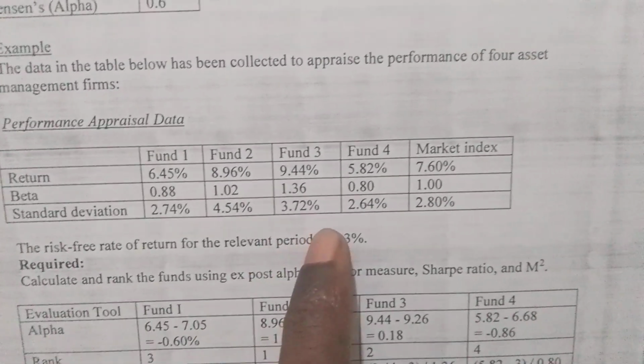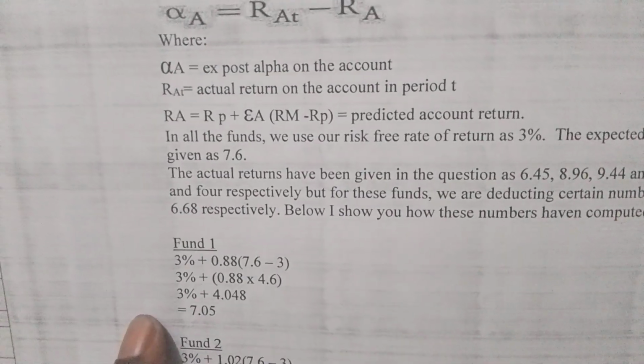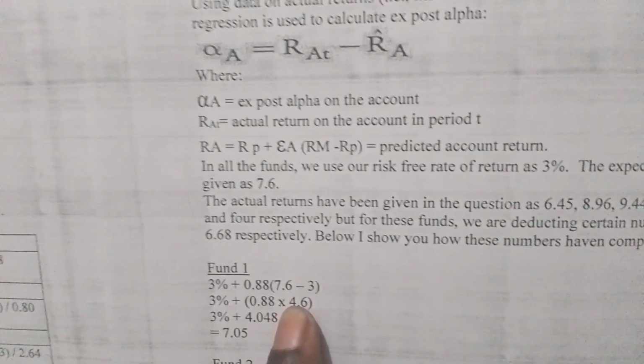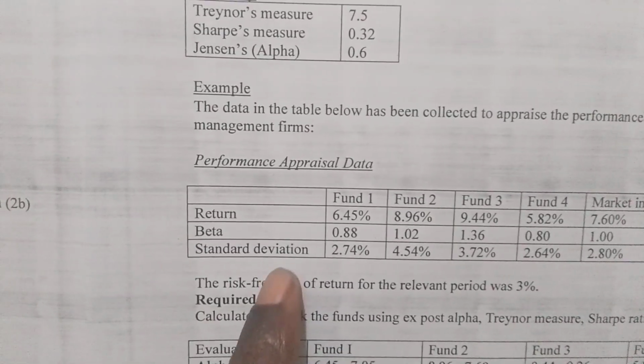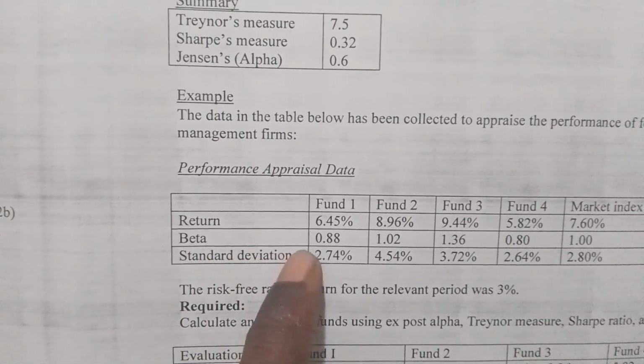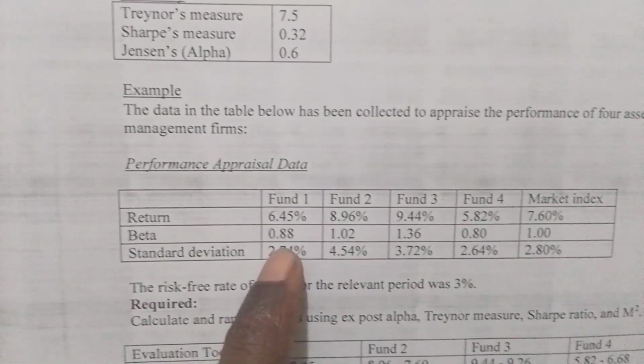So we take the risk-free rate of 3%, then we plus the beta for fund A, or for fund 1, which is 0.88.